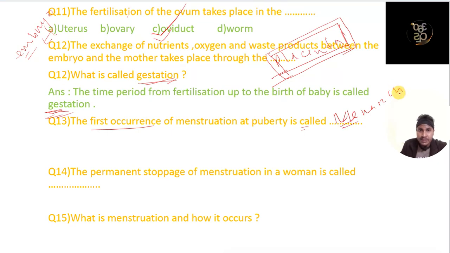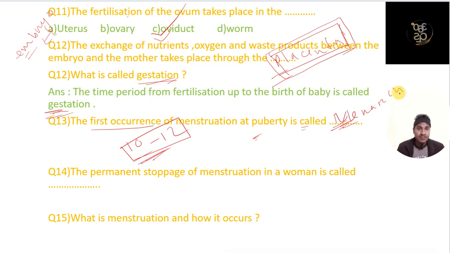Okay, this starts from 10 to 12. So the first occurrence of menstruation, जो सबसे पहला menstruation होता है लड़की का puberty stage में, उसको क्या कहते हैं? Menarche. ये 10 से 12 साल में स्टार्ट होने लगता है लड़की का.